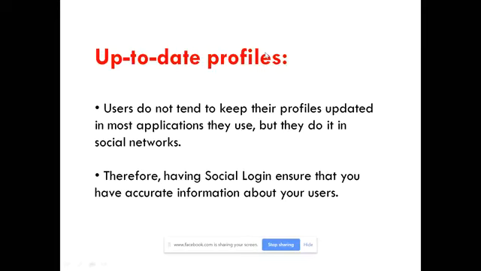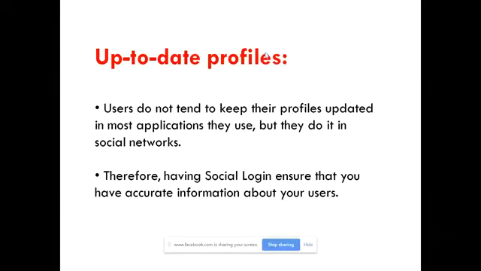The next thing is that the profiles remain up to date on their own. You don't need to go to your dashboard and update your profile again and again. If you're logging in with Facebook, Facebook keeps it up to date automatically. So this reduces a user's work.